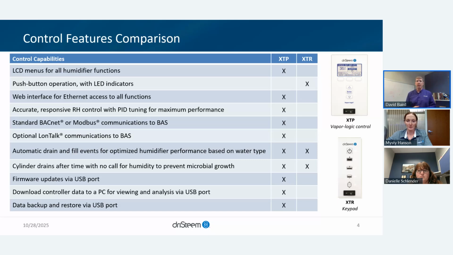And then you've also got Ethernet connection as well. So there's a more feature-rich option for Vapor Logic than there is for XTR. But they both accomplish boiling water and setting humidification to where you need it, which is what you need at the end of the day. We'll compare some of those different options and how to connect to them, going back and forth.